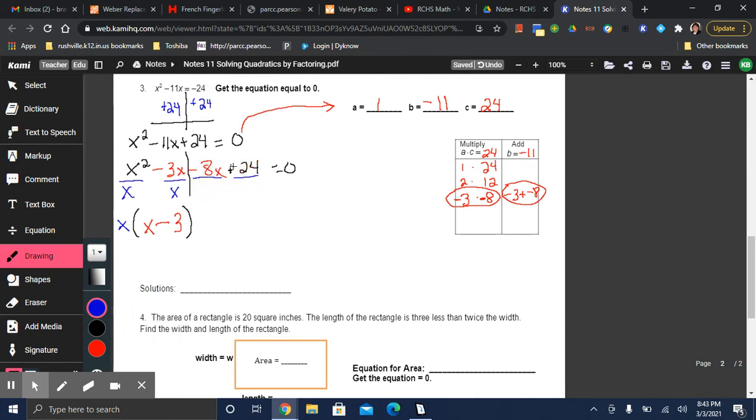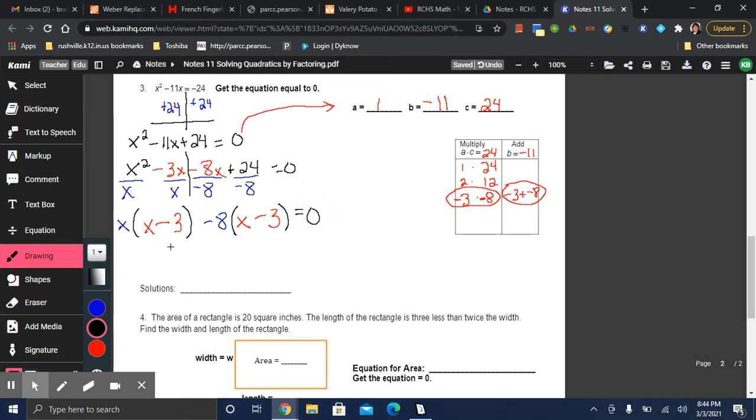Now, for our next division, we can divide both of these by negative 8. So we'll bring down the negative 8, start a parentheses. Negative 8x divided by negative 8 is x. And then 24 divided by negative 8 is negative 3. Now, that equals 0.